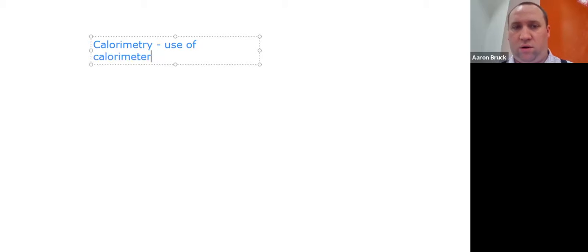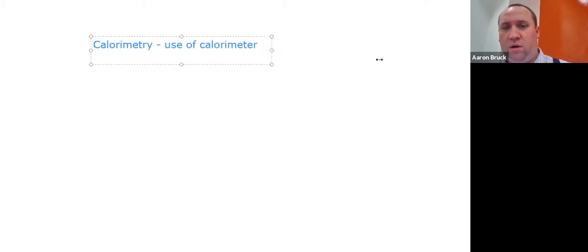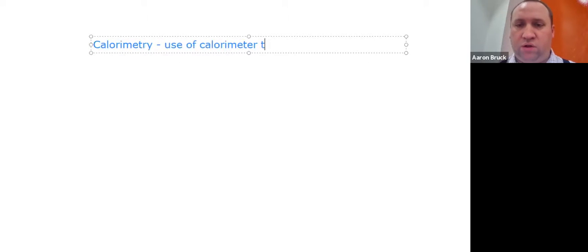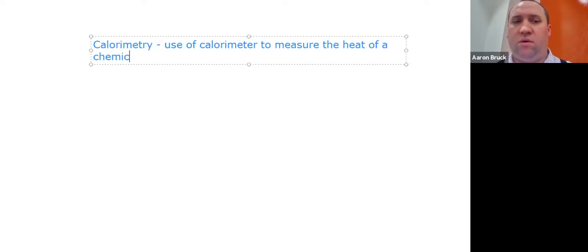And so in calorimetry, we are using a calorimeter to measure the heat of a chemical reaction. Now, a calorimeter is an instrument.